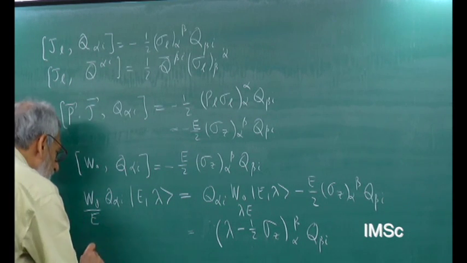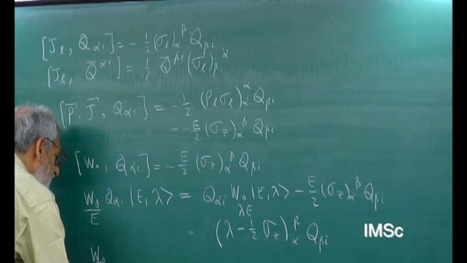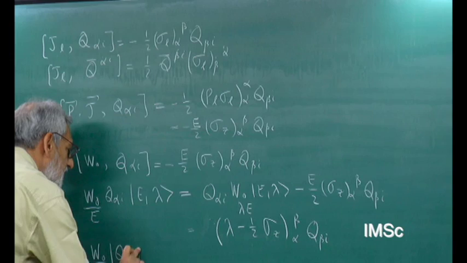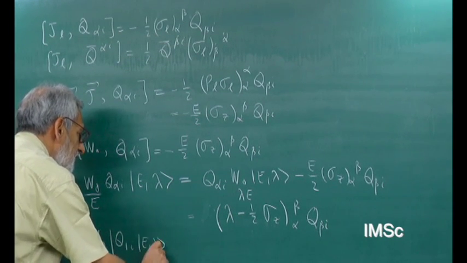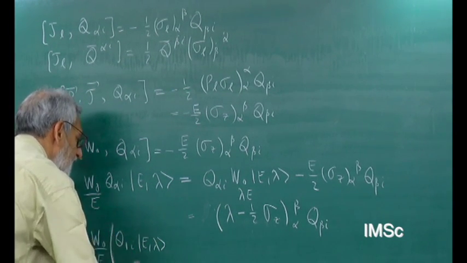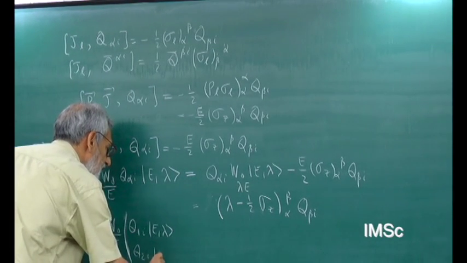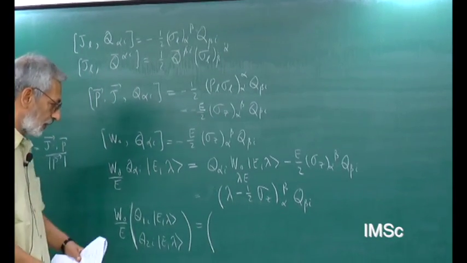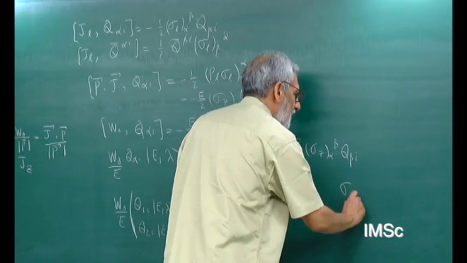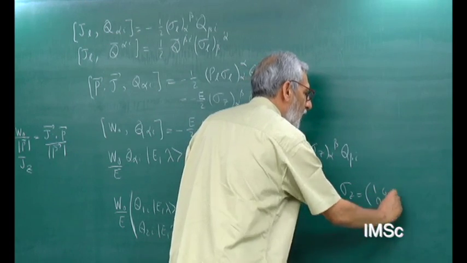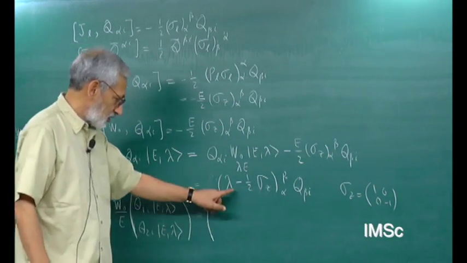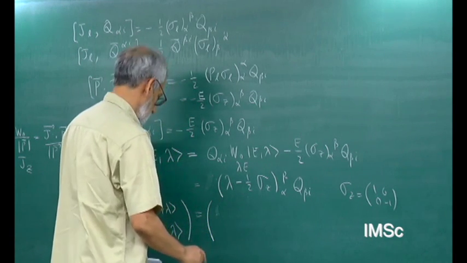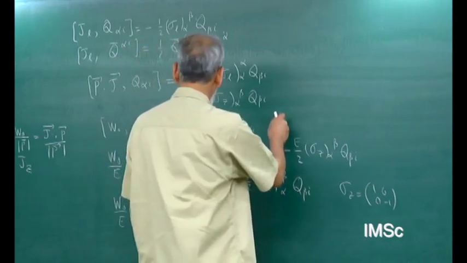So now if I write it explicitly on components, Q1 I on E lambda and Q2 I on E lambda, sigma z is 1 0 0 minus 1.